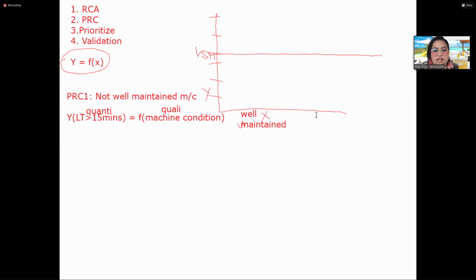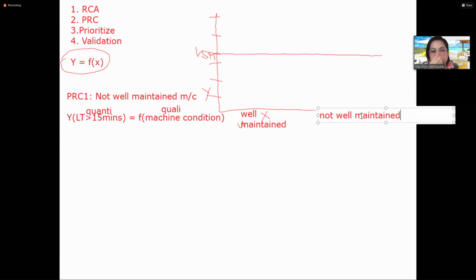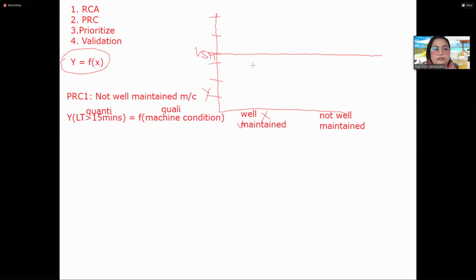And yung isa, not well-maintained. So how will I present it using box plot? So how to draw box plot? It can be yung well-maintained, na dito siya. Yung not well-maintained, na dito siya. Tama ba?